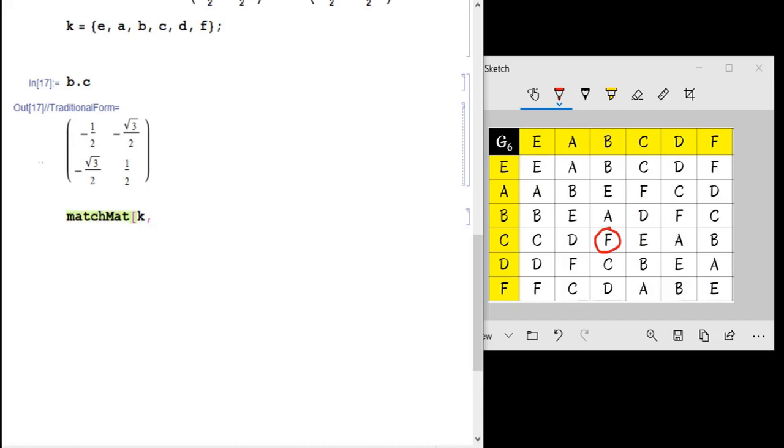And the second argument should be the multiplication, B dot C. So the second argument should be a matrix. Actually we are inputting this matrix. So simply we are giving B dot C, close the bracket, press enter key.